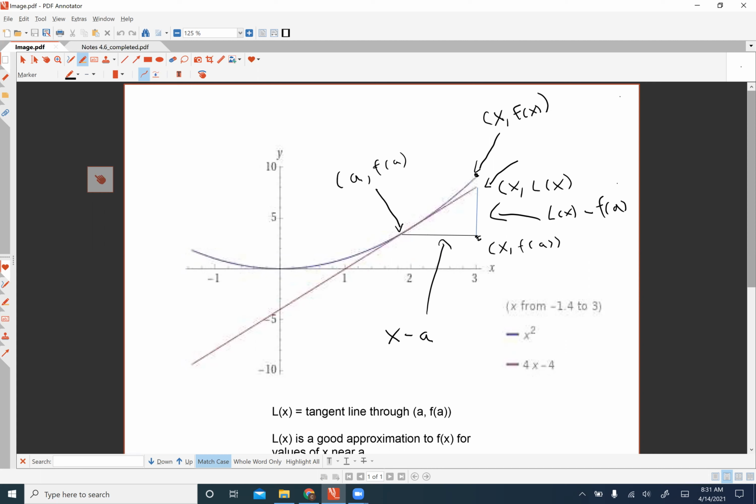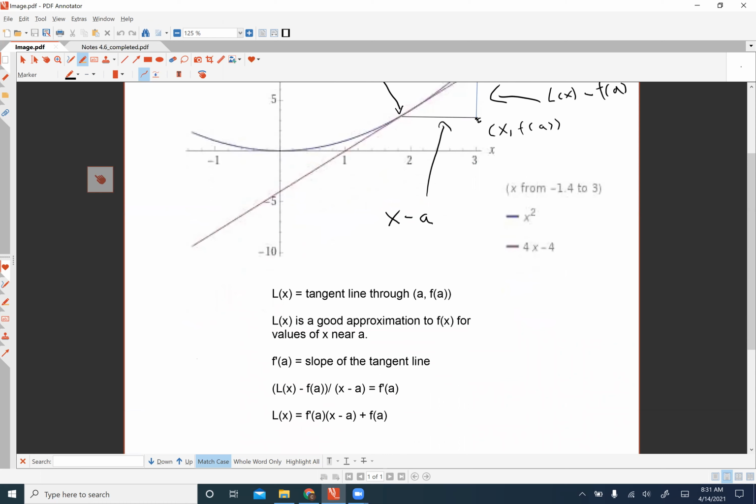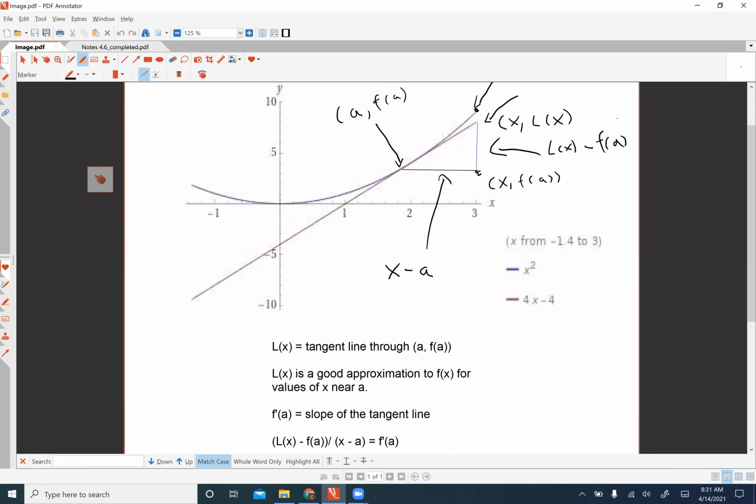Okay, so remember the slope of the tangent line. We're just going to call L of x the tangent line through a comma f of a. L of x is a good approximation to f of x for values of x near a. So f prime of a is the derivative of f at the point a, whatever your function f is.